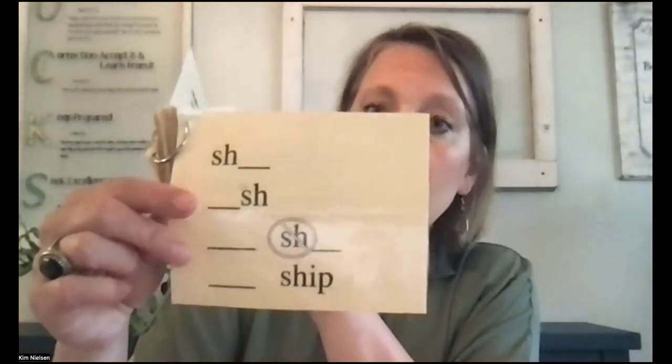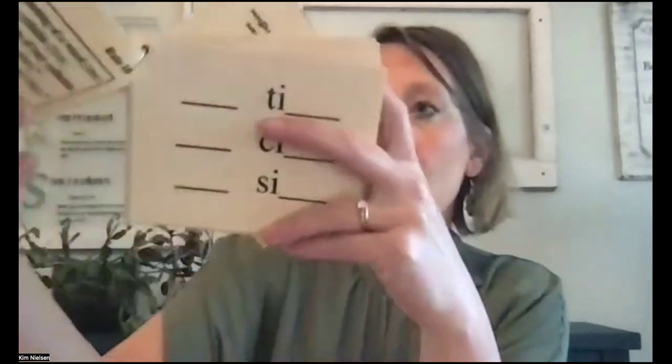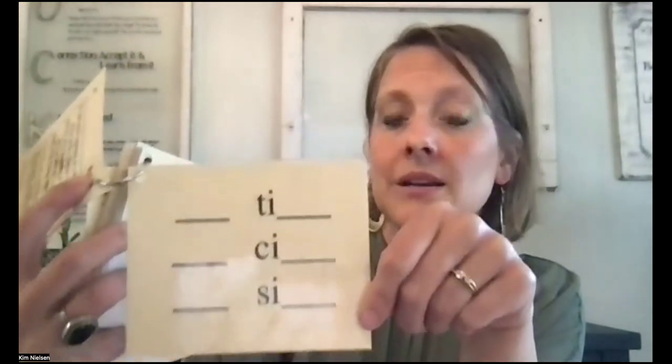Okay, so sh is used at the beginning of the word, at the end of a syllable, but not at the beginning of any syllable after the first one, except for the ending ship. Okay, and that is because we've got rule 11, which are Latin spellings of sh used at the beginning of any syllable after the first one. Okay, so again, we might use these cards to review, to introduce, okay?